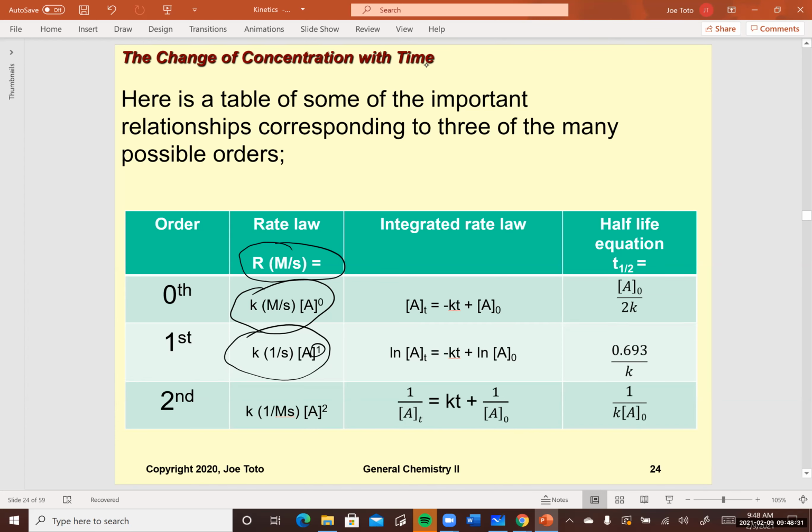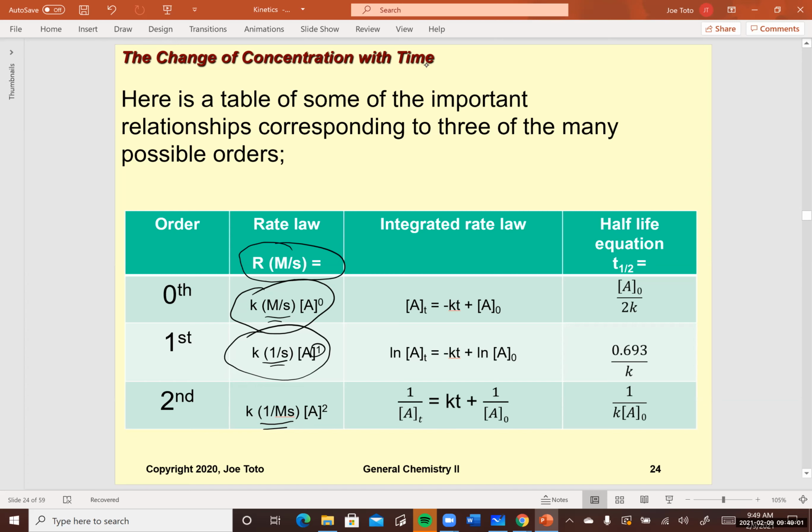And so you kind of get a flavor for the rate constant and its units. All right. The third column is what we're interested in today, and this is the integrated rate law. And we'll get into a little bit in the next few plates how these rate laws are derived through calculus.